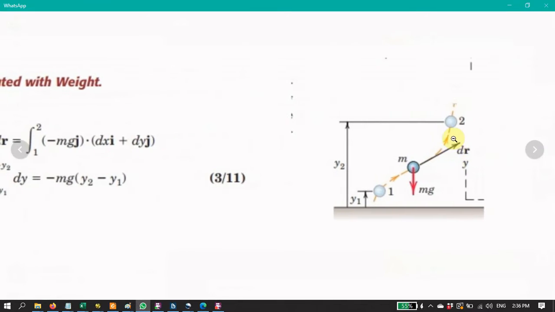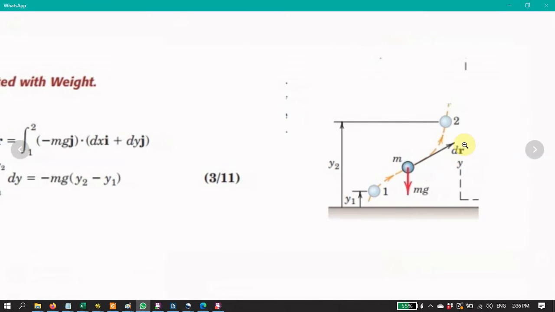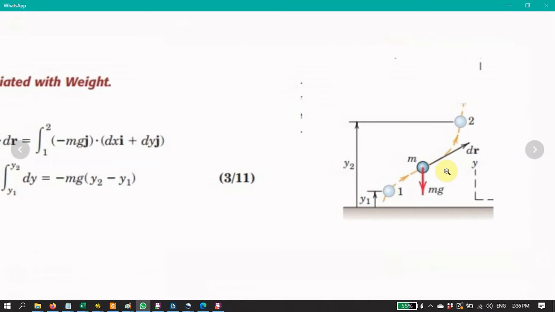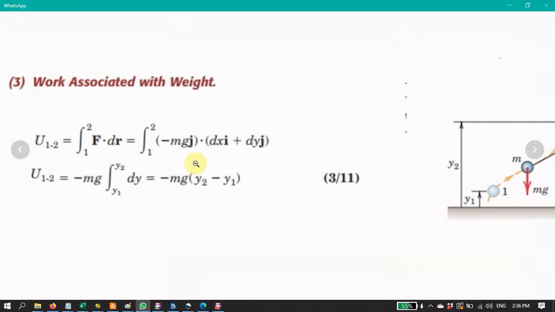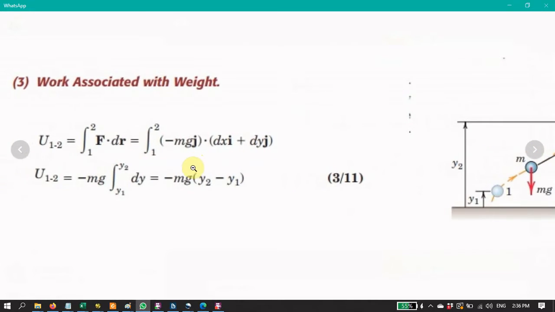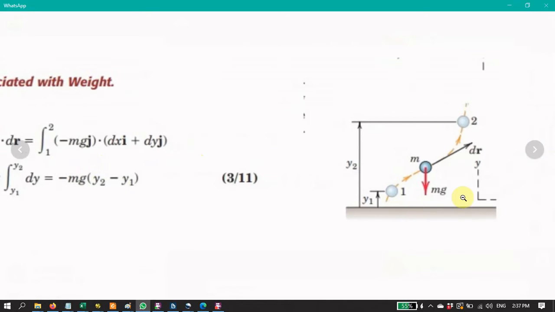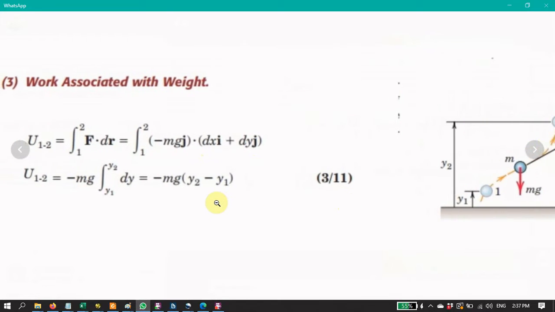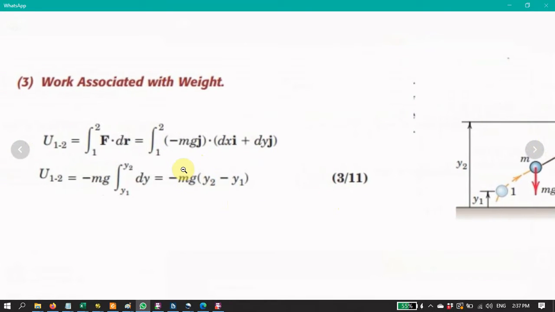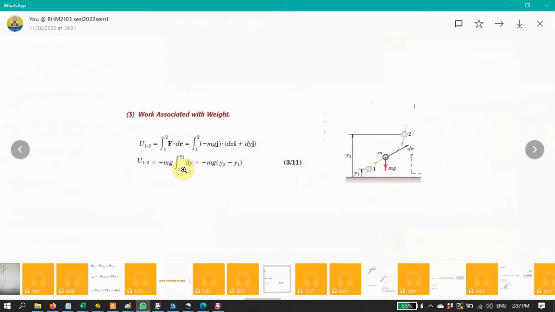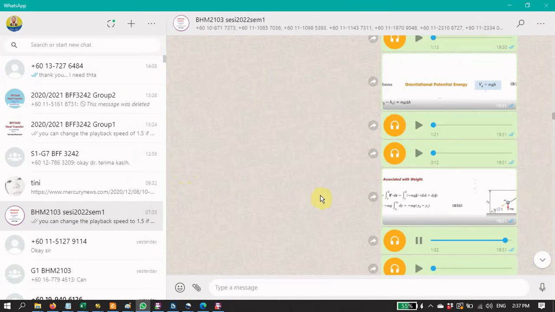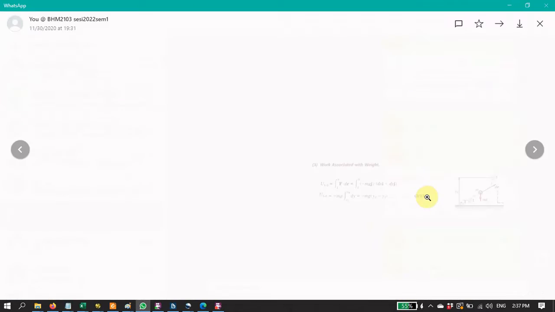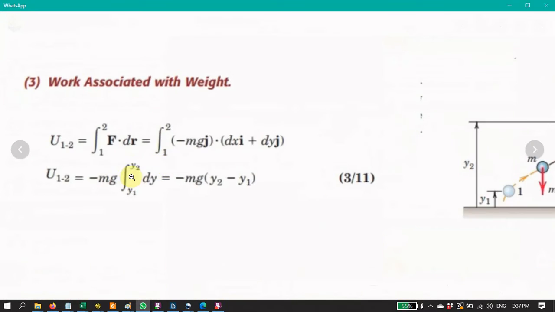So the work associated with weight is minus the work by the weight force, the work done by the gravity force.